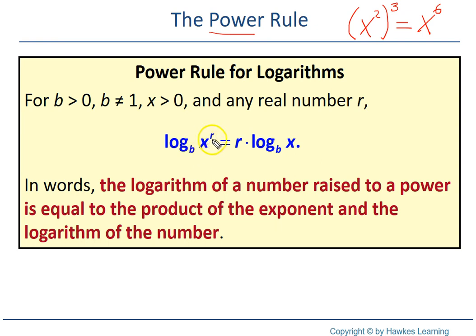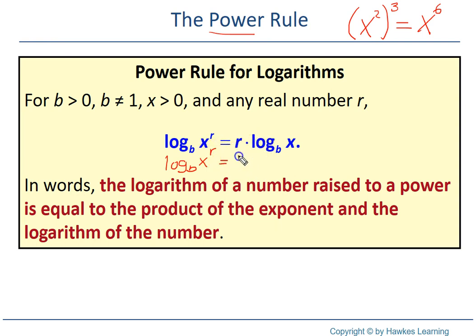So here it relates to this, but a little bit different. Here we have the log of base b, x raised to the r power. Now, converting this, the rule is when we have x here raised to a power, this power goes out in front of the log.